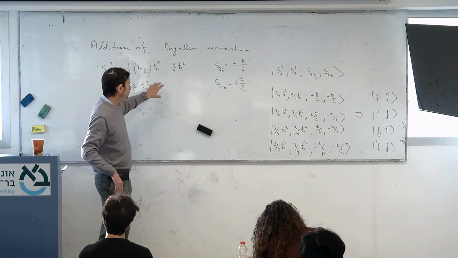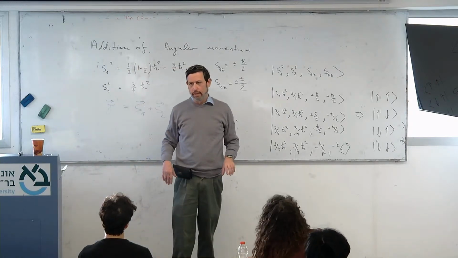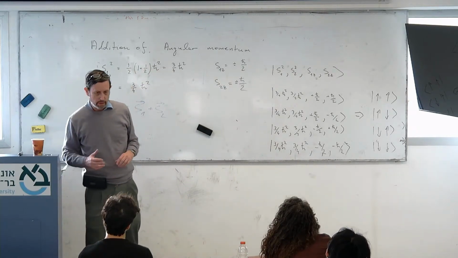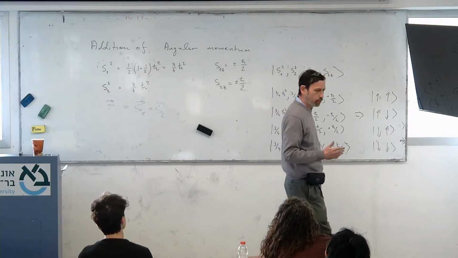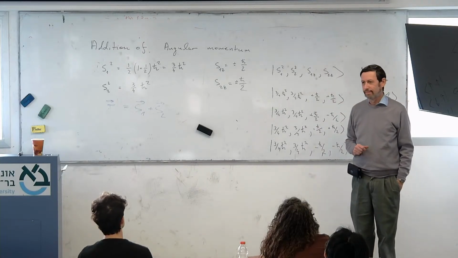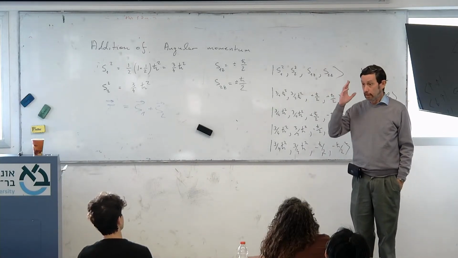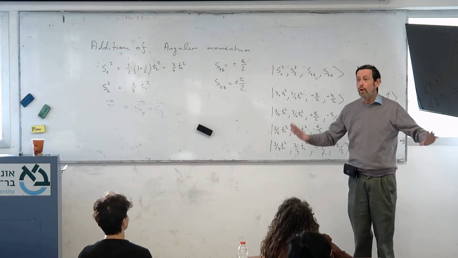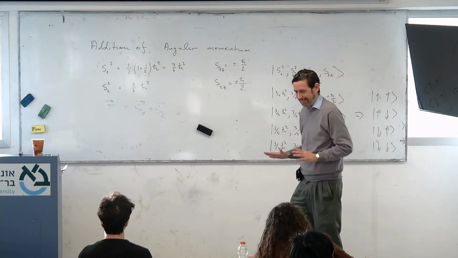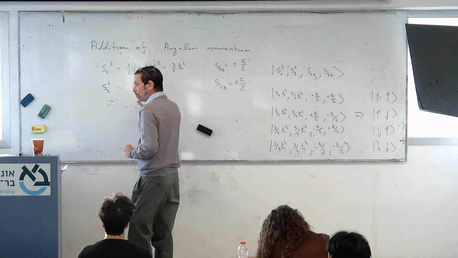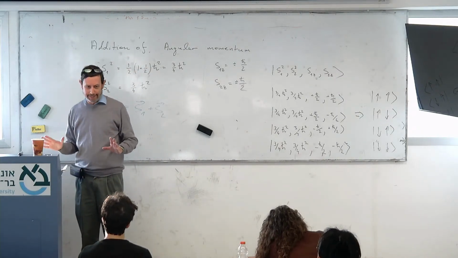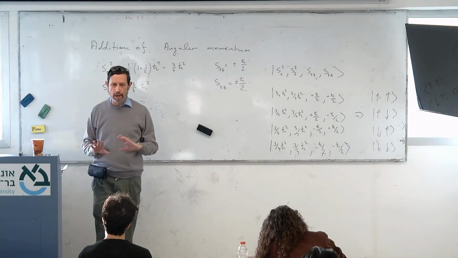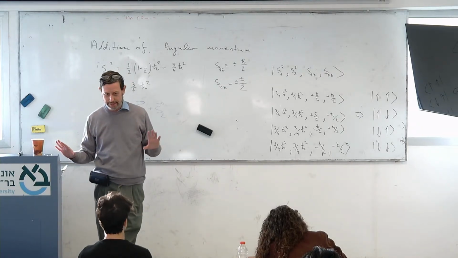If I'm moving from this description to this description, what did I actually do? We're already experts in quantum mechanics. We have a name for that. Change the basis. That's all I did. That's the only thing I can do in quantum mechanics. So the size of the Hilbert space stays the same. I still have to have 4 states.